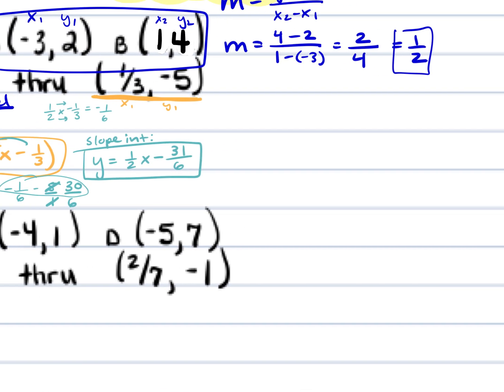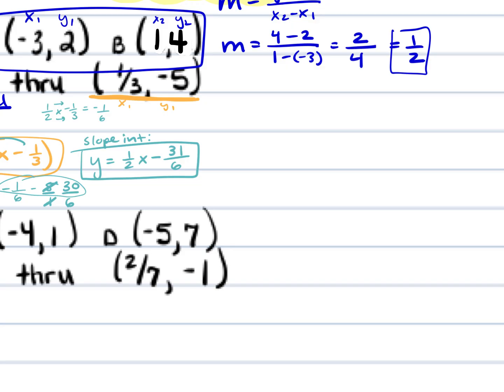All right, next let's do the same thing, but let's do perpendicular now. So the first step's the same. We found the slope already, but what's the slope of a line that's perpendicular to this one? Negative 2. Awesome. The opposite reciprocal of 1/2 would be negative 2.